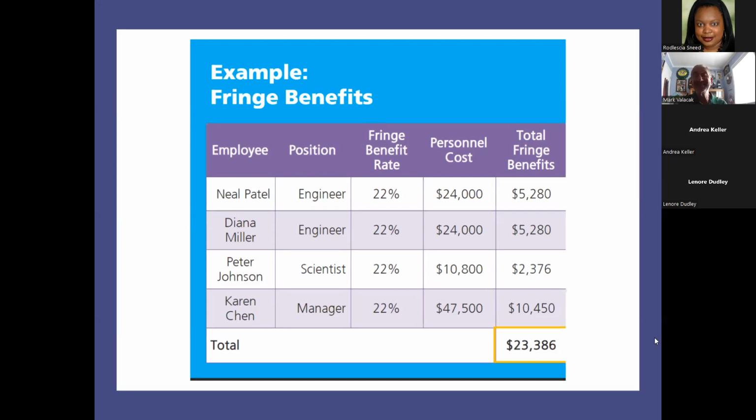Now, in this example, basically you've got one rate across the board. As I mentioned, at a larger agency like the county, we had different bargaining units, so there could be a different percentage based upon which bargaining unit they were in.